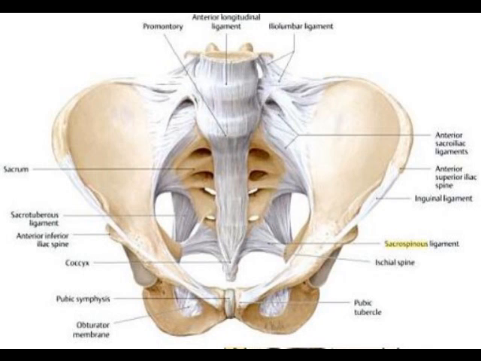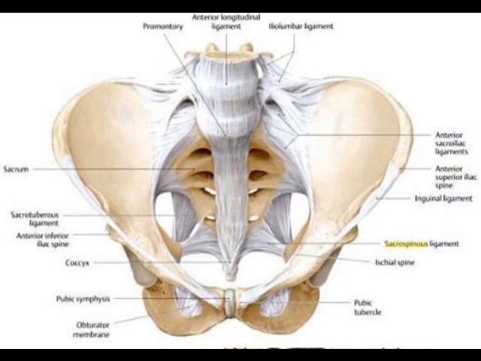So one way it can be compressed is because there's too tight a space between those two ligaments. That's actually the most common cause of pudendal nerve entrapment, being too tight a space between those two ligaments.